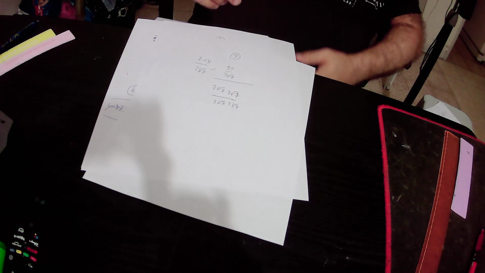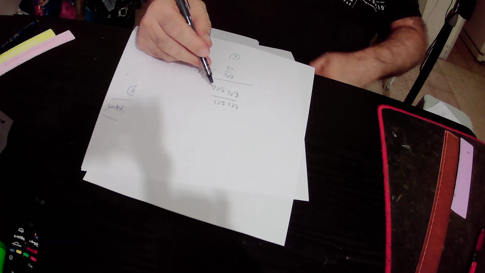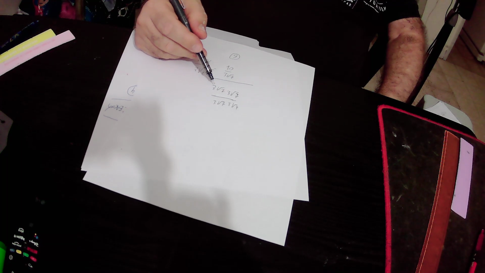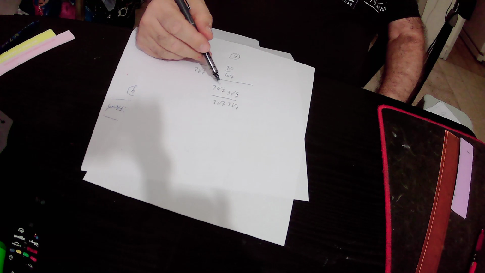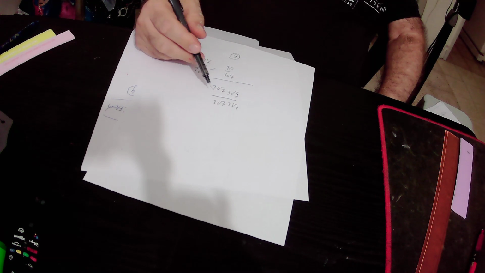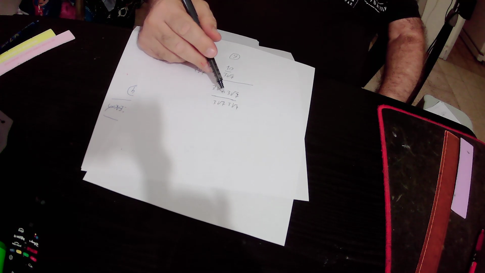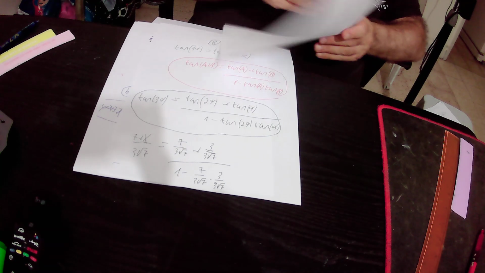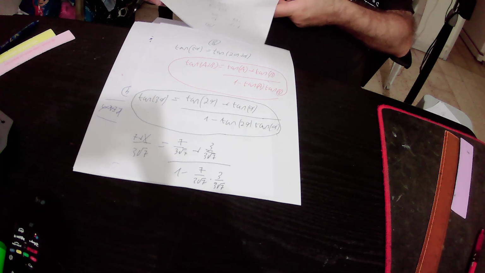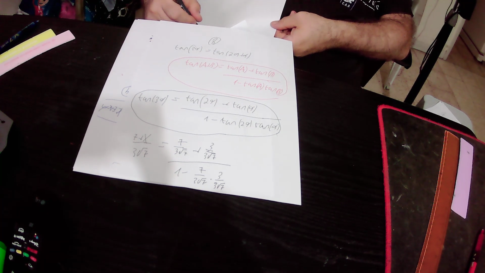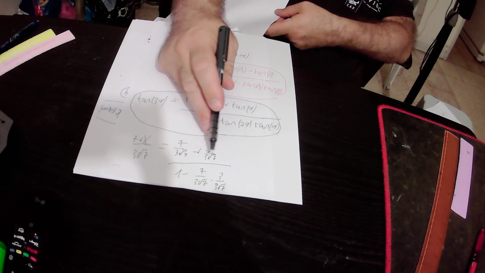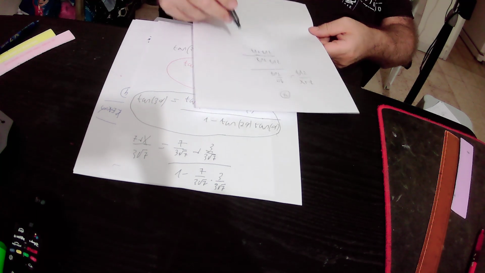Again, we substituted 1 by this expression. This expression is actually 1, because it is 3 times root 7 times 3 times root 7 over 3 times root 7 times 3 times root 7. It equals 1. And then 7 times 3 is 21.